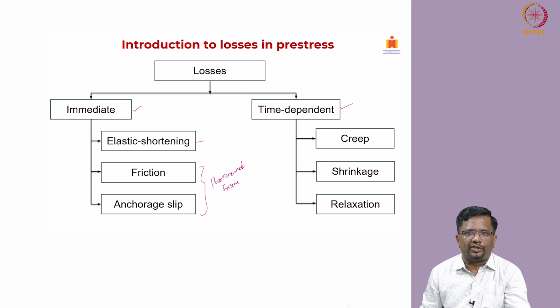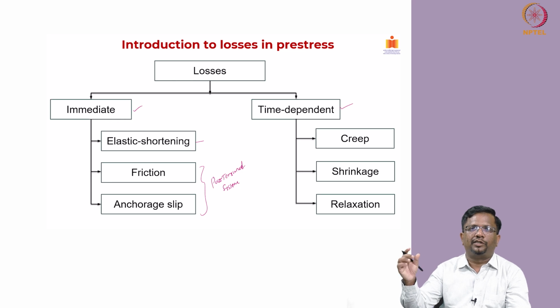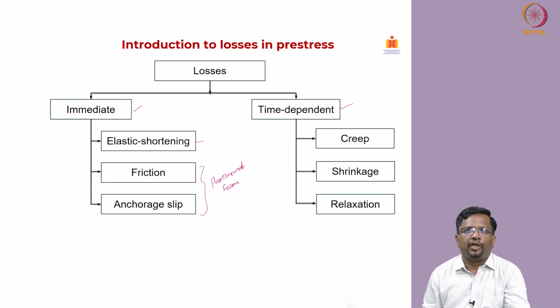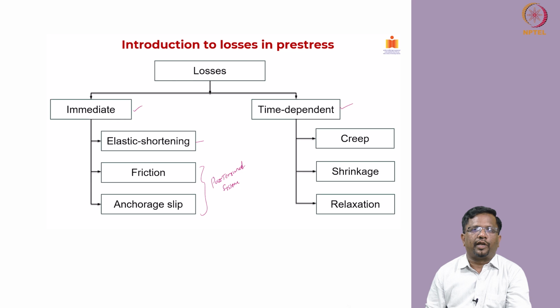While you stress it, friction forces will develop, and also at the anchorage ends, there will be slip. Because of that, there will be a reduction in the pre-stressing force. That happens only in post-tension systems. But elastic shortening can happen in both pre-tension and post-tension systems, more so in pre-tension systems, that we will discuss in the coming slides.